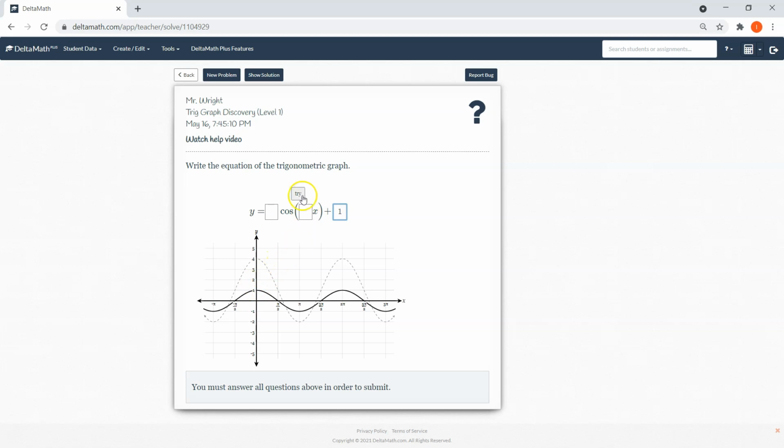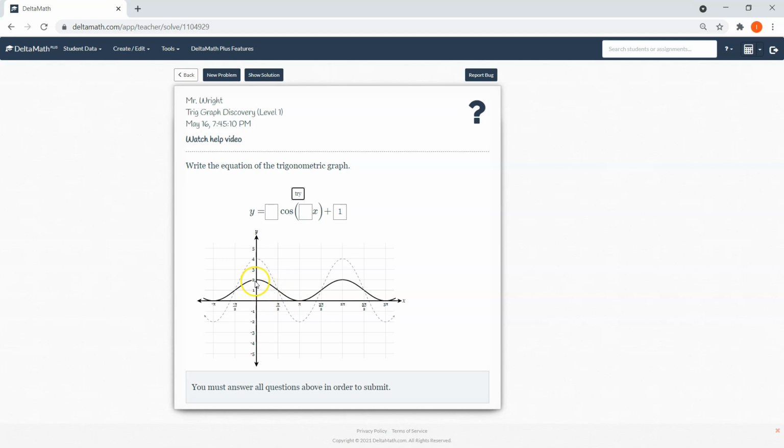And I can try before I've filled in any of the other ones. So notice my graph shifts up, and now it looks about lined up where I want it to be. So the center of my wave is lined up with the center of the big wave, right? It's still not quite the right size, so I need to figure out the correct amplitude, but it does look like the period is correct, right? So the top and the bottom of my peaks and troughs line up nicely.